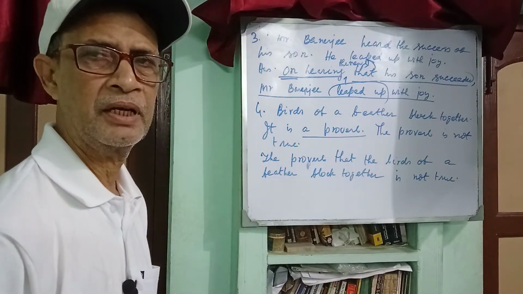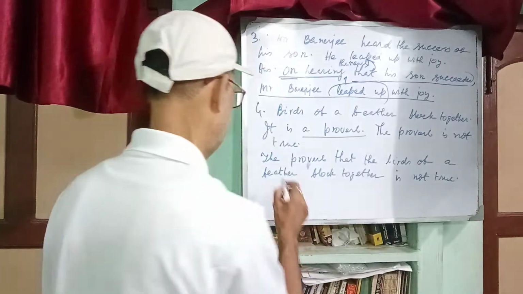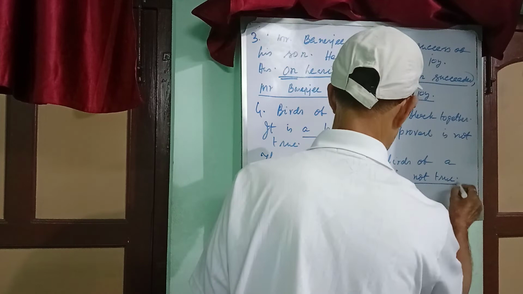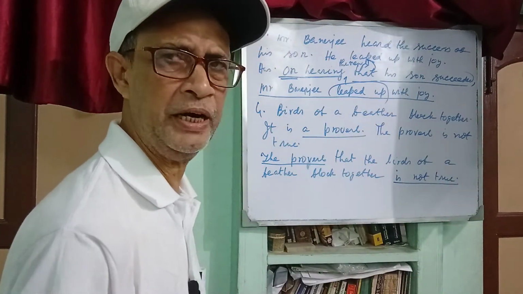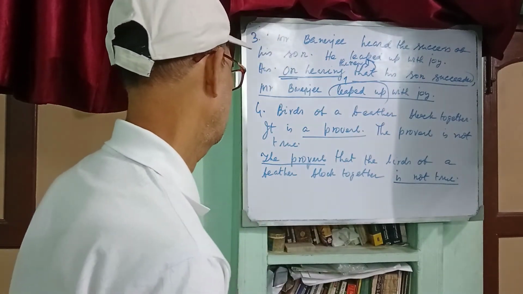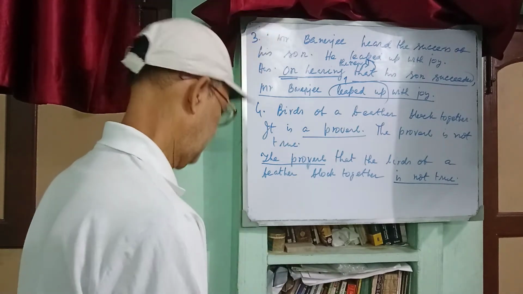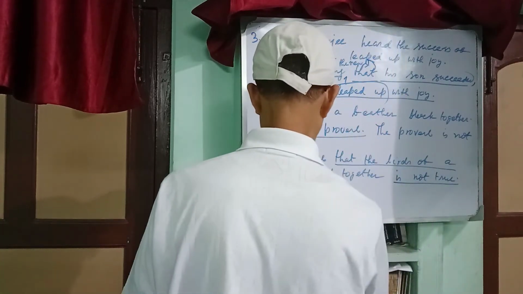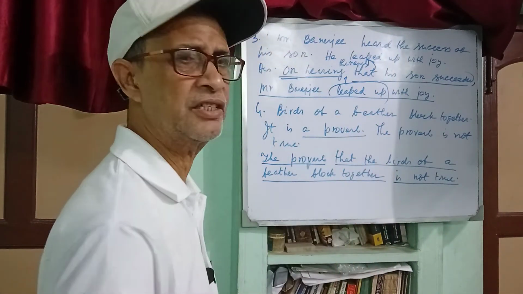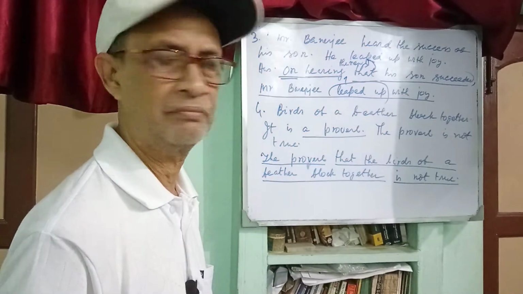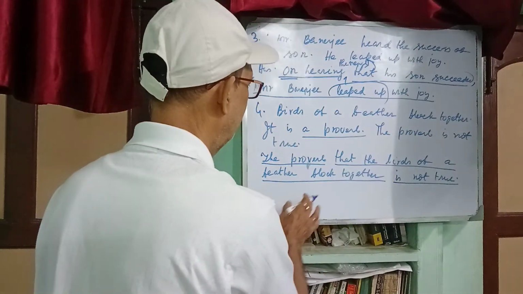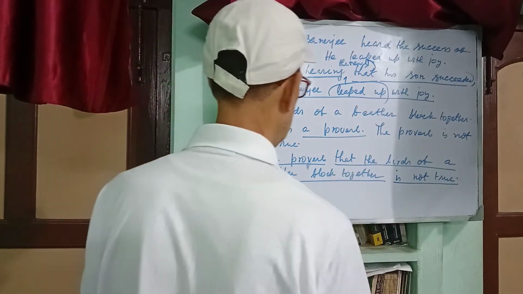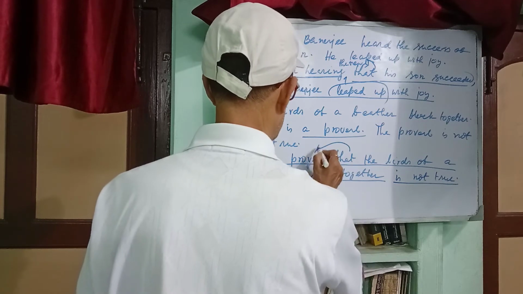Now let us analyze the sentence. The proverb is not true: it is the principal clause. What is the proverb? The proverb is that the birds of a feather flock together. It is acting as the apposition. So, noun clause in apposition to proverb.